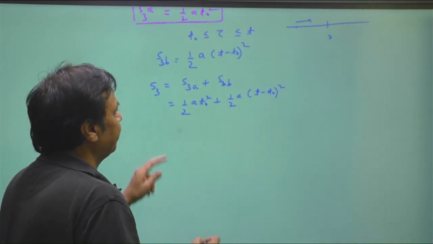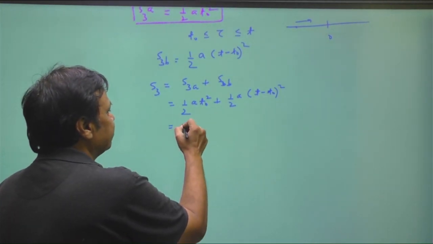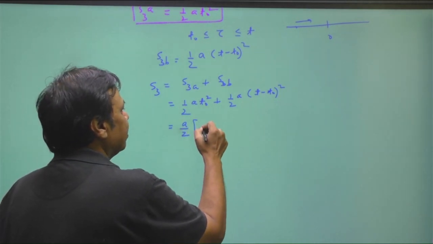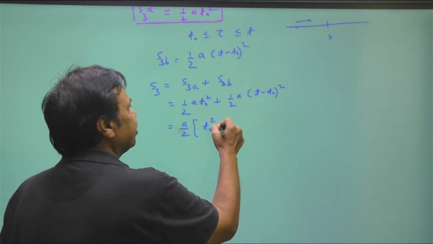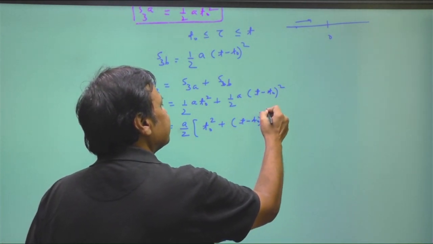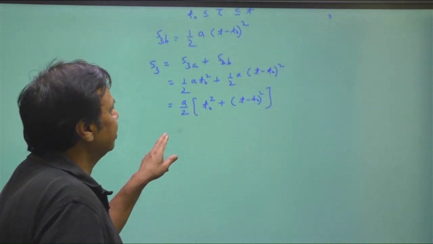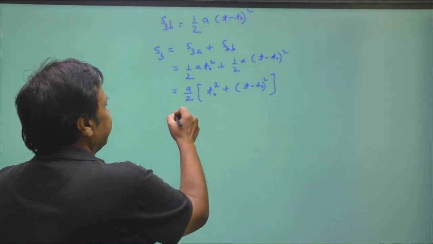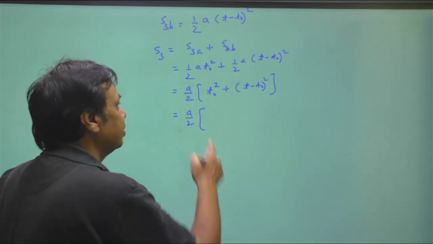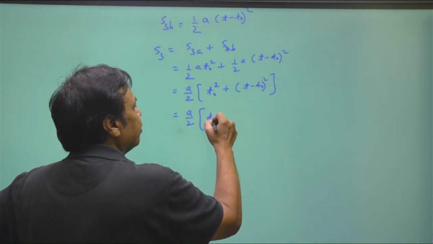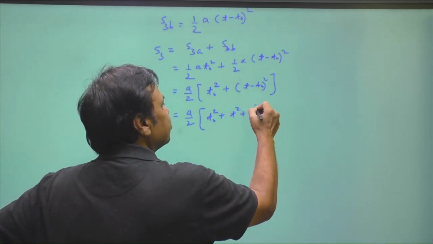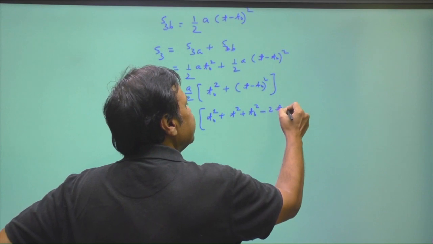So we can do the rest of the calculations simply by taking a by 2 as common, and this will become t naught square plus, t minus t naught, square. Then you can write it a by 2, just break this square: t naught square plus t square plus t naught square minus 2t t naught.